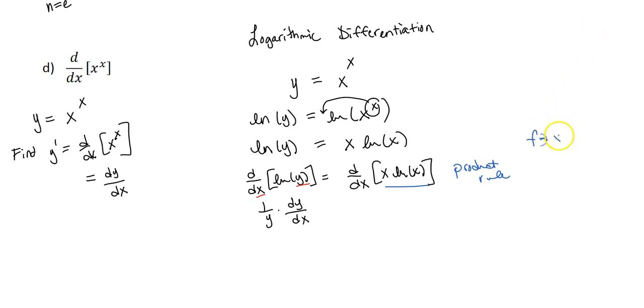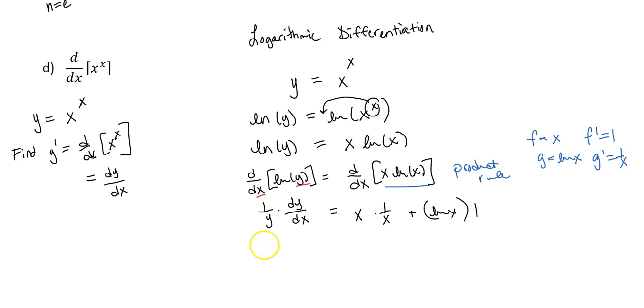So f would be x, which means f prime would be 1, and g would be the natural log of x, so g prime would be 1 over x. So on this side, I'm going to have f g prime plus g f prime.